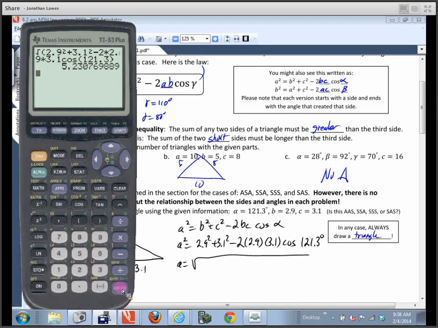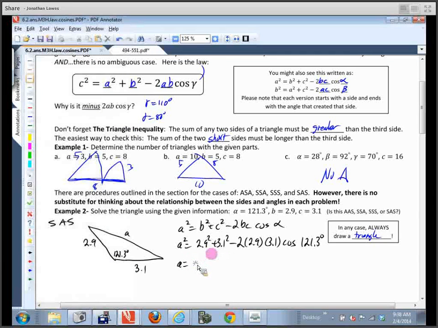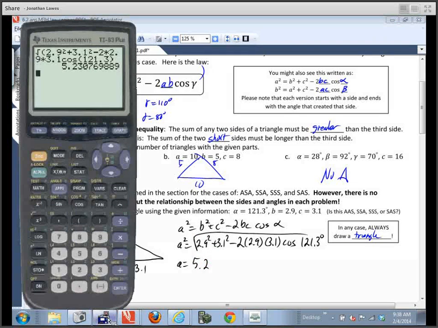I think I'm in degree mode, so I should be in pretty good shape. Let me double check that. I am. Okay. So I get that the square root of that ugly mess is 5.23076.